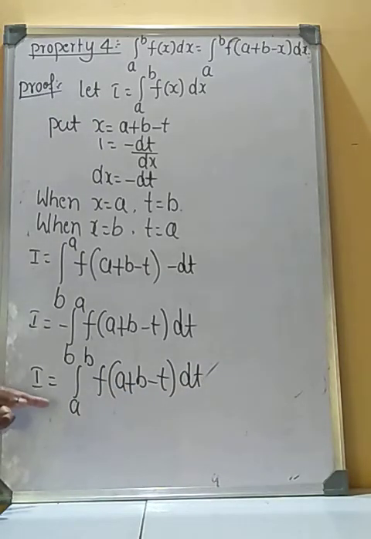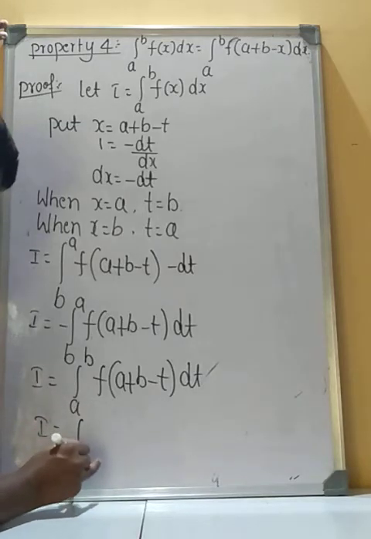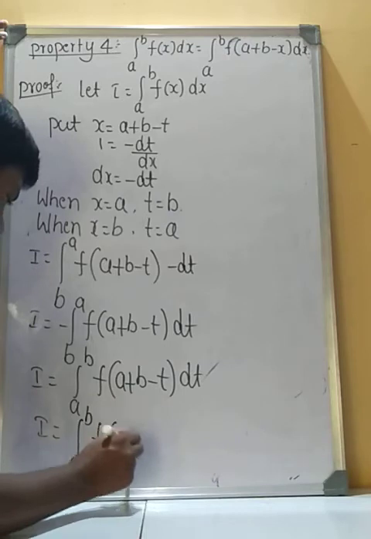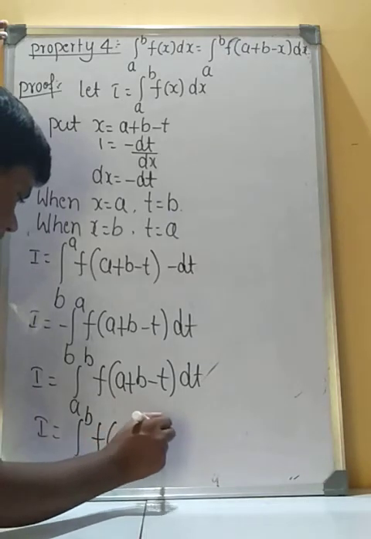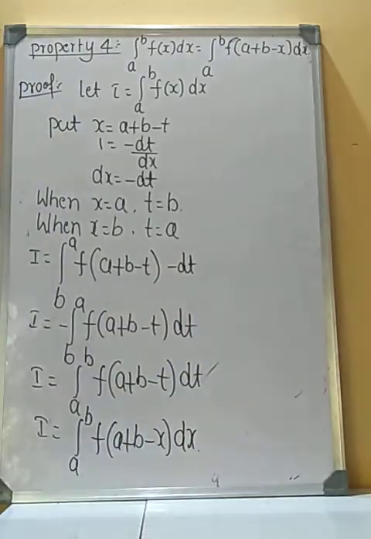Now by using property 1, independent of variable, I is equal to integral a to b f of a plus b minus x dx. Hence it is true.